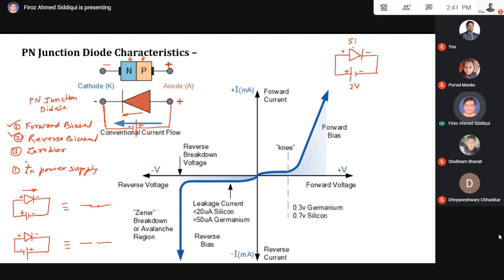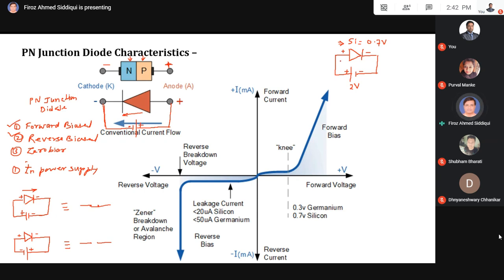As you are aware, diodes are of 2 types, the silicon diode or the germanium diode. Mostly we are considering the diode as a silicon diode. And you know, to turn on a silicon diode we require a minimum of 0.7 volt to be applied across it. Okay? So if you apply a supply voltage of 0.7 or more, this diode will come into forward bias condition and it will start conducting.